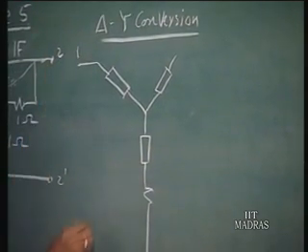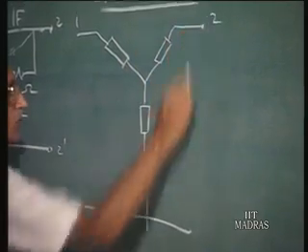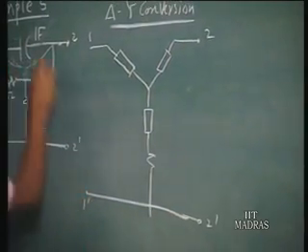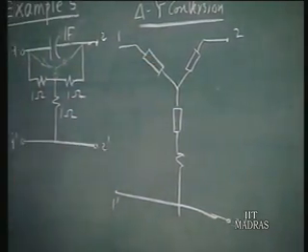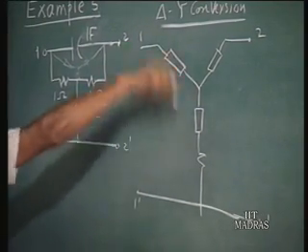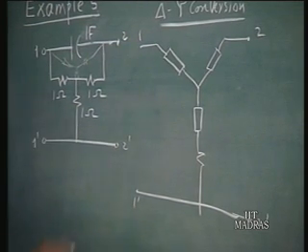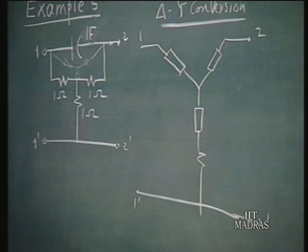So this will be 1 prime, 2 prime. So this delta will be converted into this equivalent star, and we can find the open circuit impedance parameters of this altered configuration. The terminal conditions will remain the same because whatever changes have been brought about are internal to the two-port.